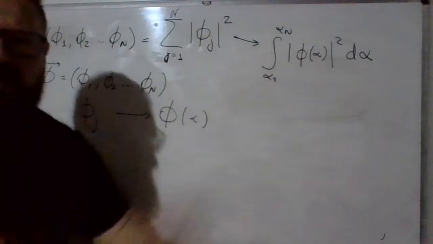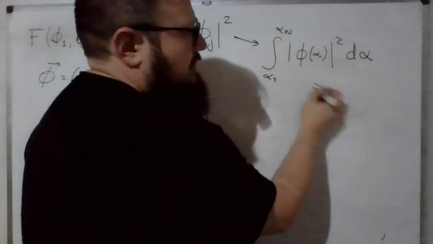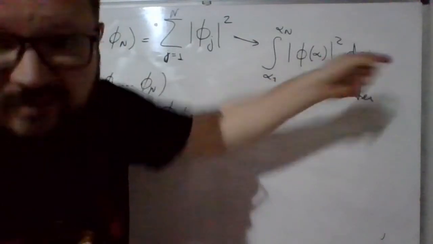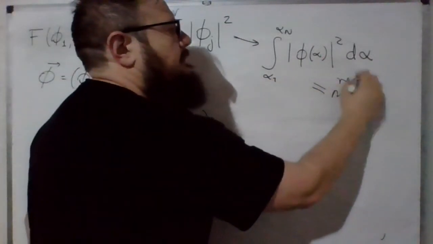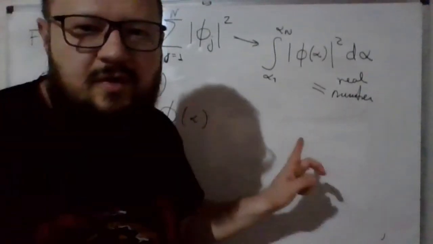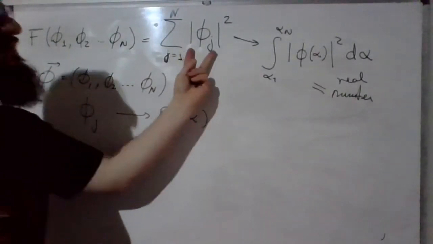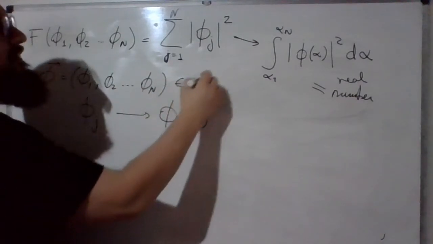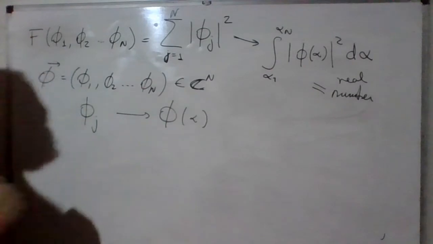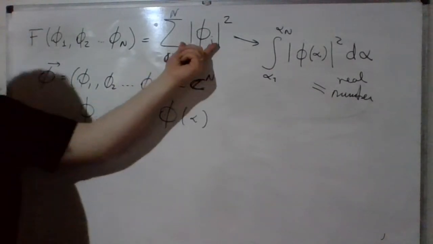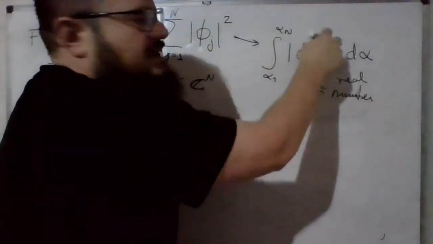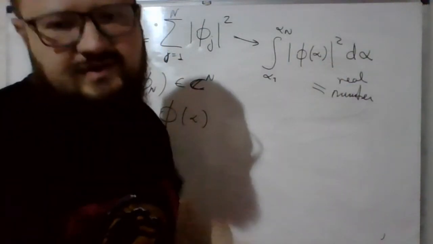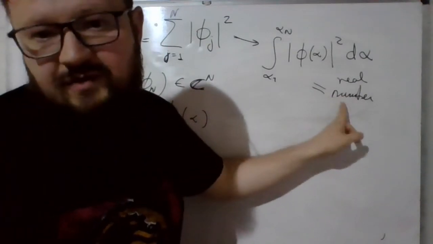So I have an integral. An integral produces a number. In this case it must be a real number. But if I remove the restriction of the modulus, if this belongs to a complex n-dimensional vector space, if I remove the modulus here, this will become just a complex number squared integrated over all the alphas allowed, and this becomes, as a result, a complex number.